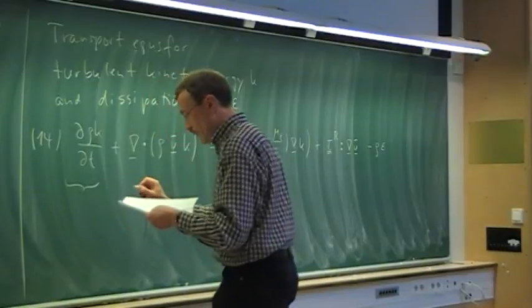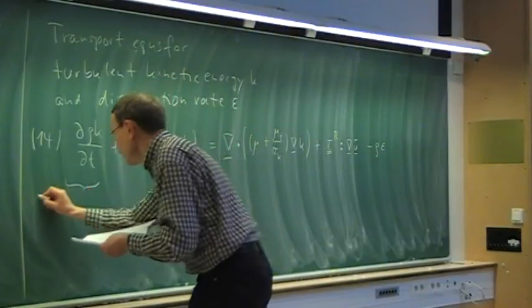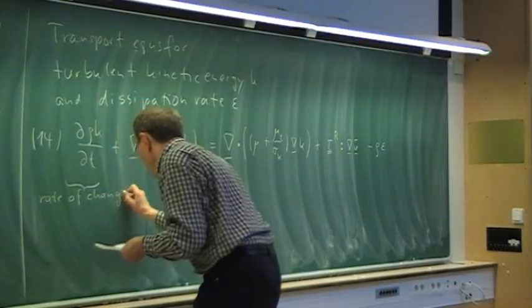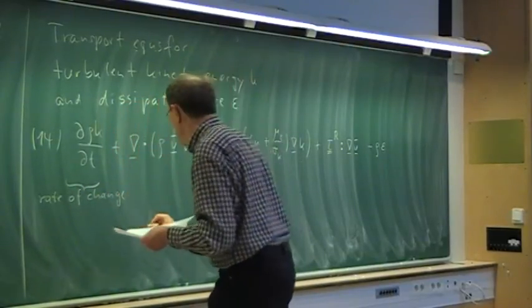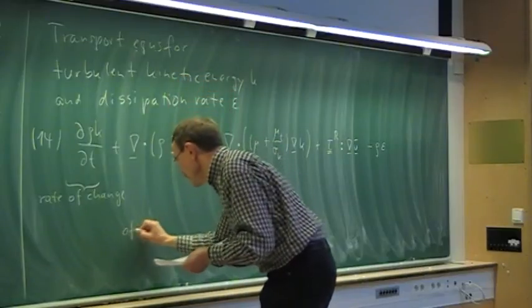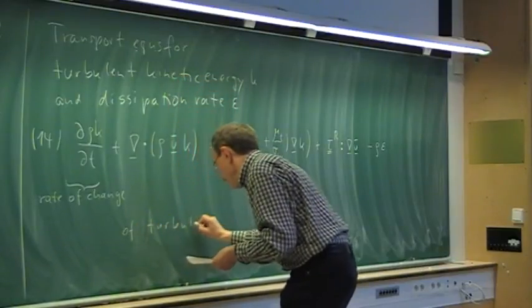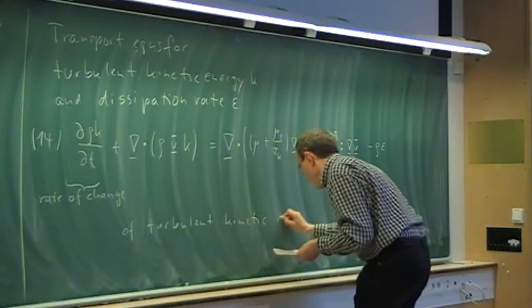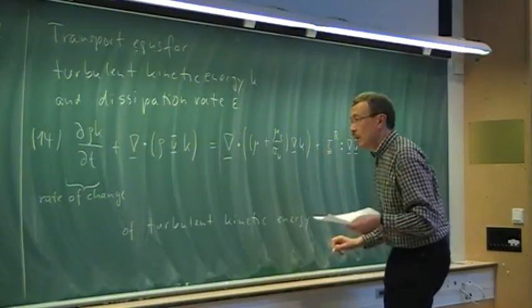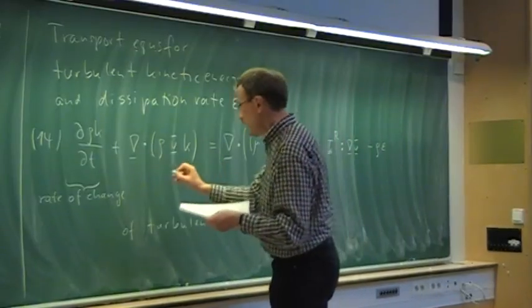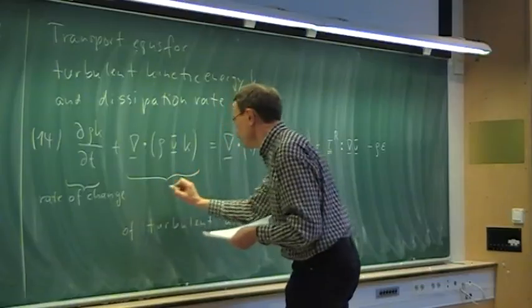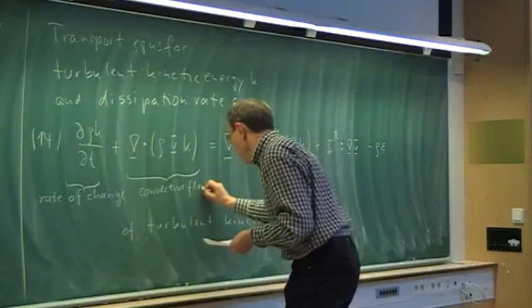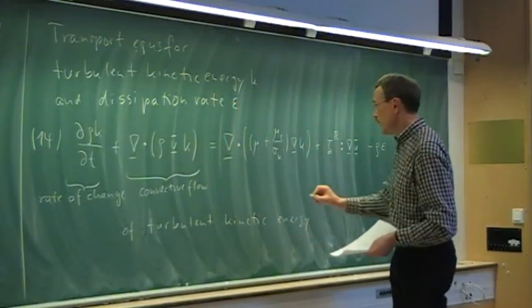So the first one is the rate of change of turbulent kinetic energy. And this will be the convective flow of turbulent kinetic energy.